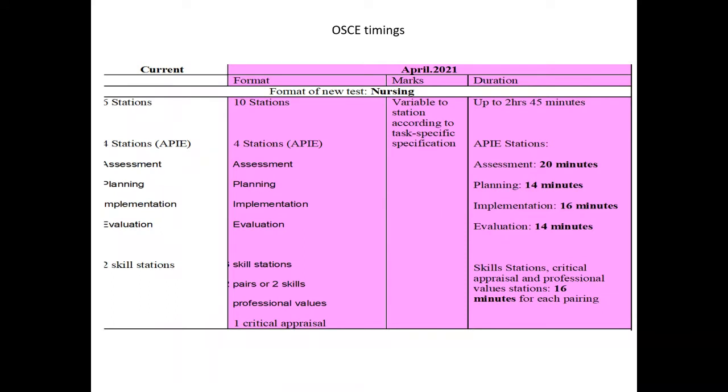So question, how are you being assessed or how are you being graded? If you have a look at the NMC website, the test of competence where they discuss OSCE, they actually have documents there that they suggest for you to read. One of them is the test blueprints.